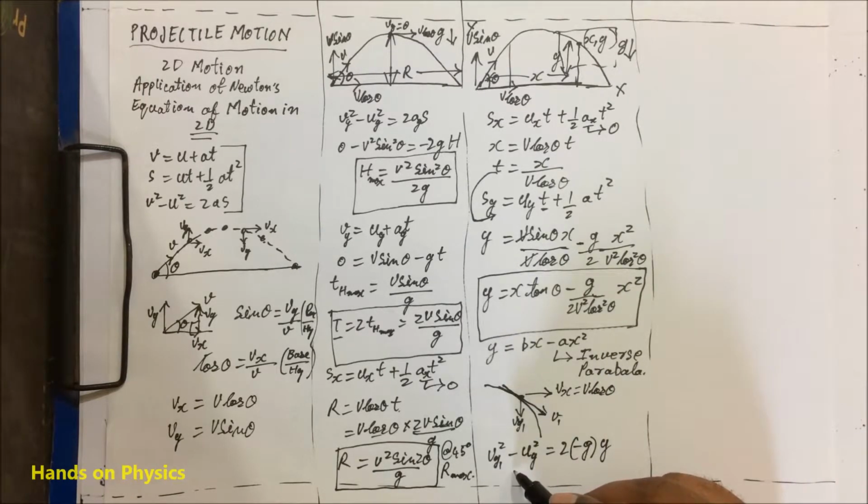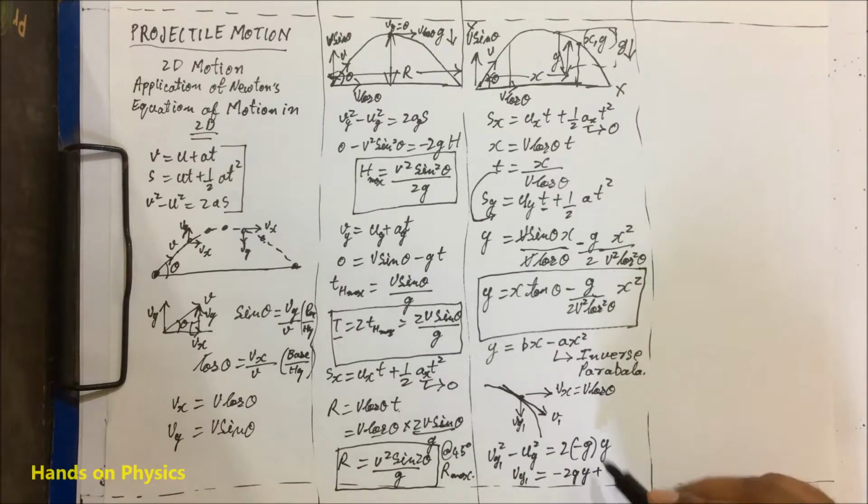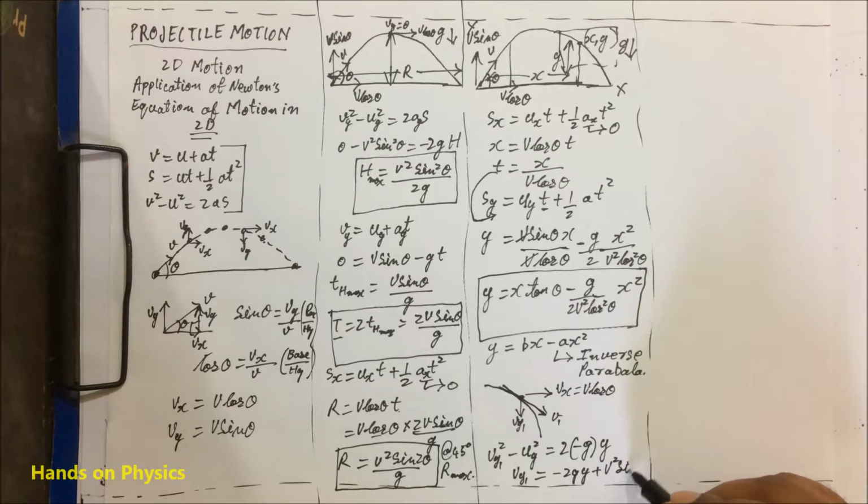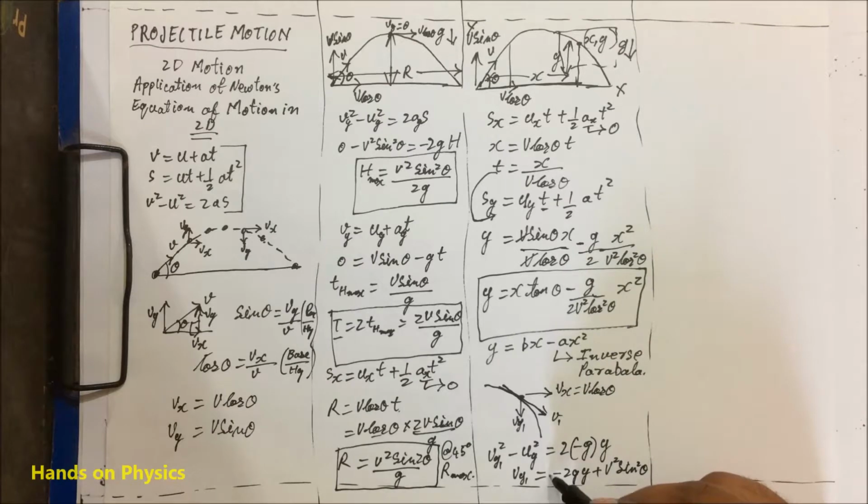So from here vy1 is equal to the square root of minus 2gy plus, when this goes to this side, v square sine square theta.